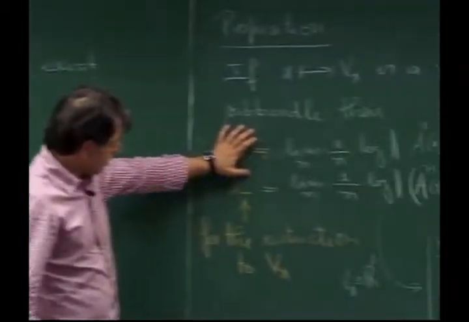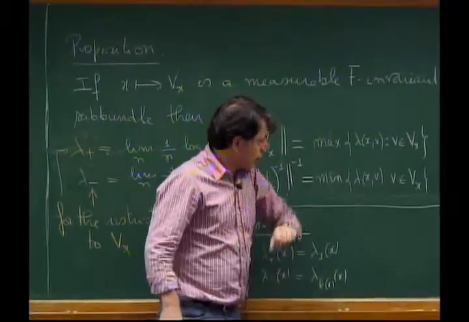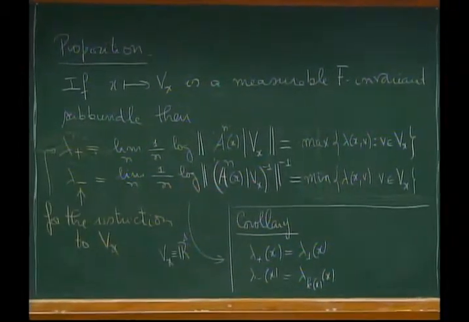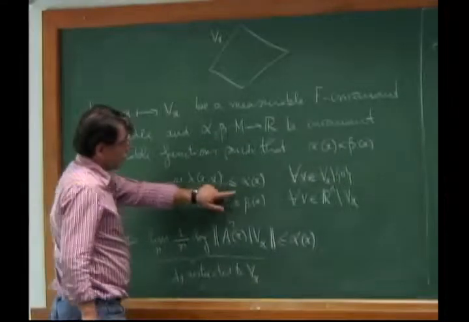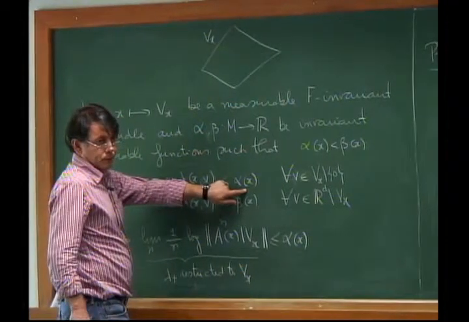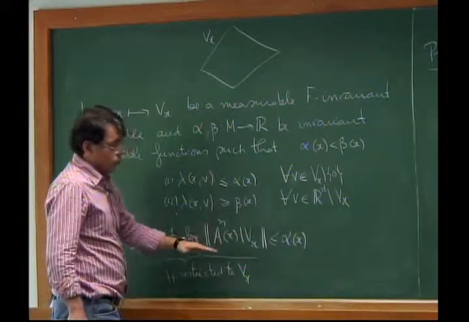Lambda plus restricted to V is the maximum growth of any vector in Vx, and by assumption, that is smaller than alpha. So if all vectors grow slowly, the norm also grows slowly.